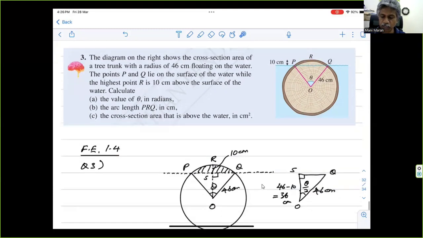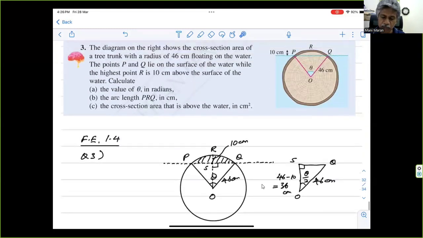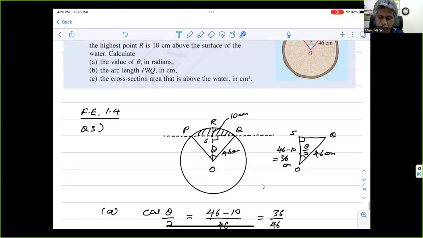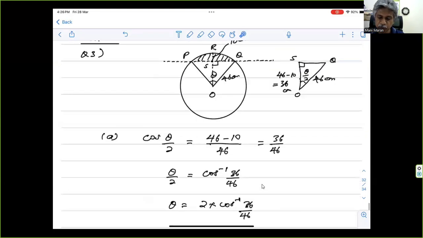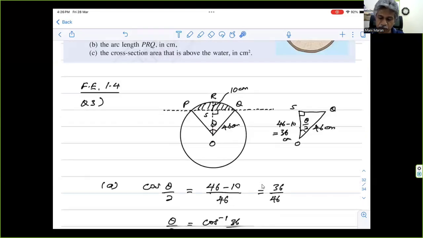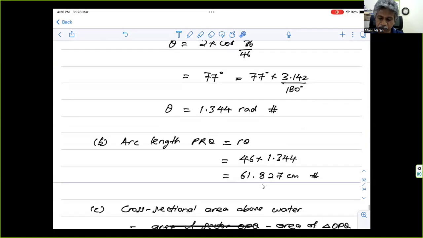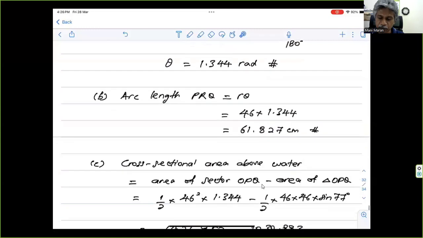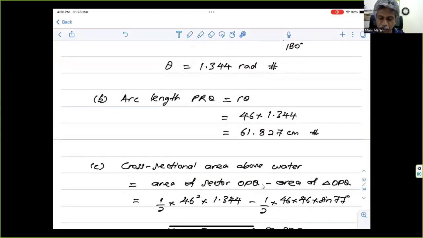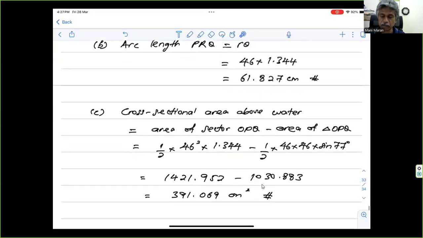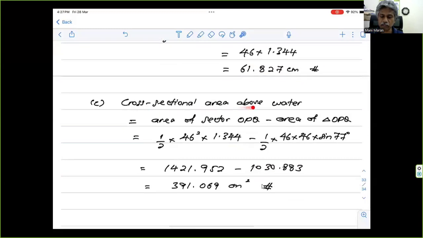From here we can find what is the value of theta. In the first part you are asked to find what is the angle theta, so we use half of this triangle. Second part we are asked to find what is the arc length, the PRQ, given by r theta, and finally the last part, cross-sectional area above the water. Okay, we'll stop the recording here.